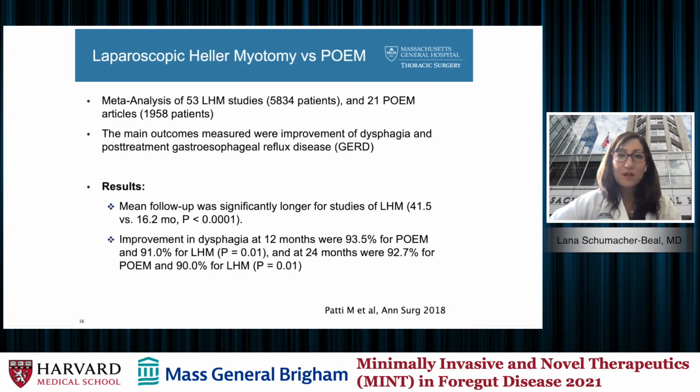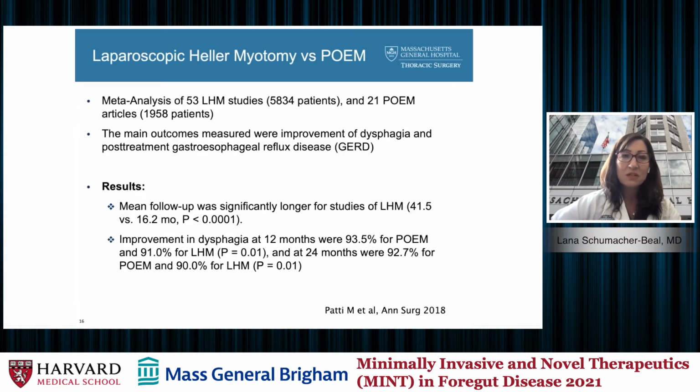Now, how does POEM fare compared to the laparoscopic Heller myotomy? Dr. Patti looked at this in a meta-analysis of 53 laparoscopic Heller myotomy studies versus 21 studies for the POEM group, and looked at main outcomes measuring improvement of dysphagia and postoperative GERD.